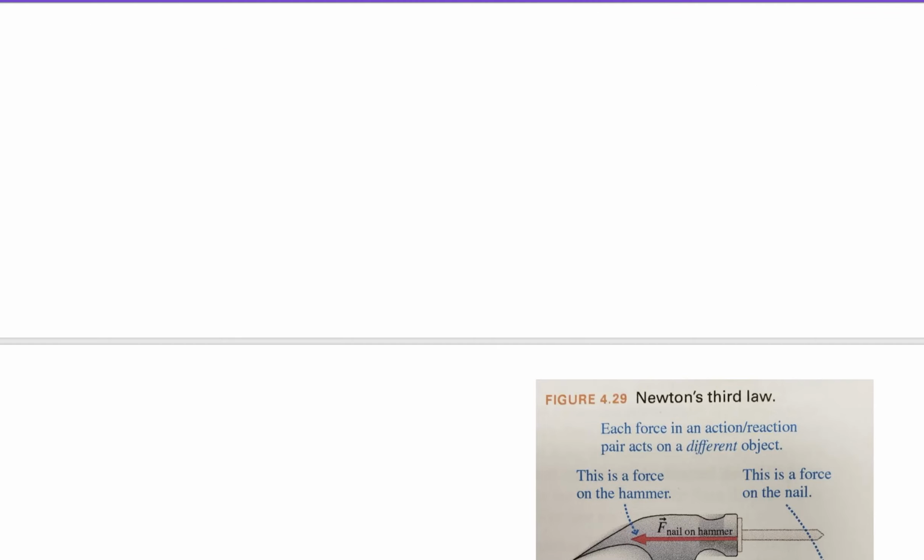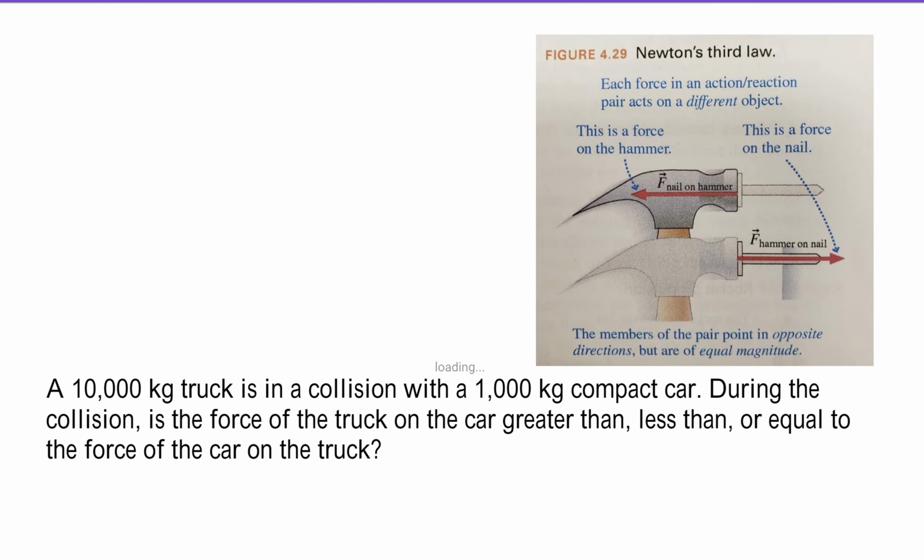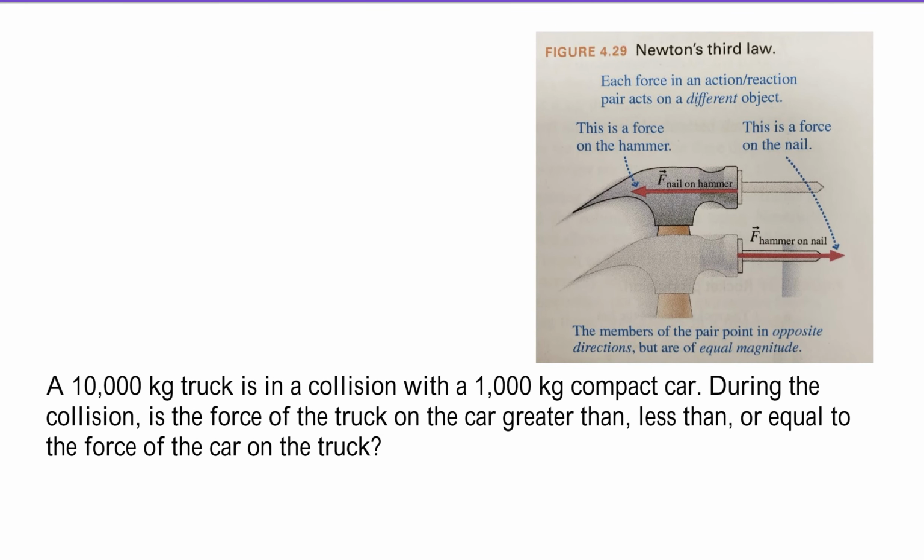All right, here we go. So we have this picture with the hammer pounding on a nail. Each force in an action-reaction pair, remember, acts on a different object. So the hammer is pounding on the nail, right? We have the force of the hammer hitting the nail.